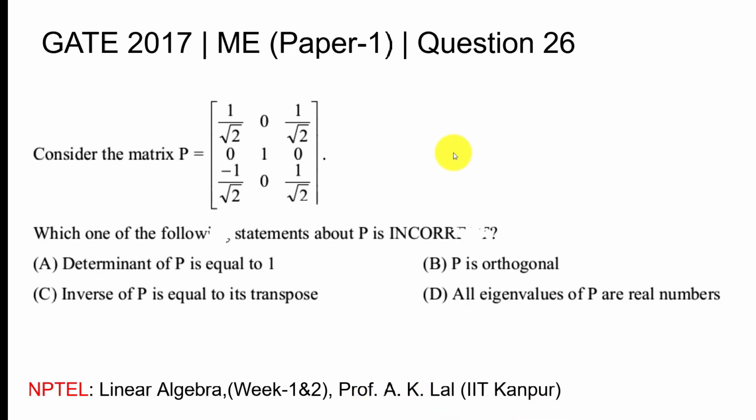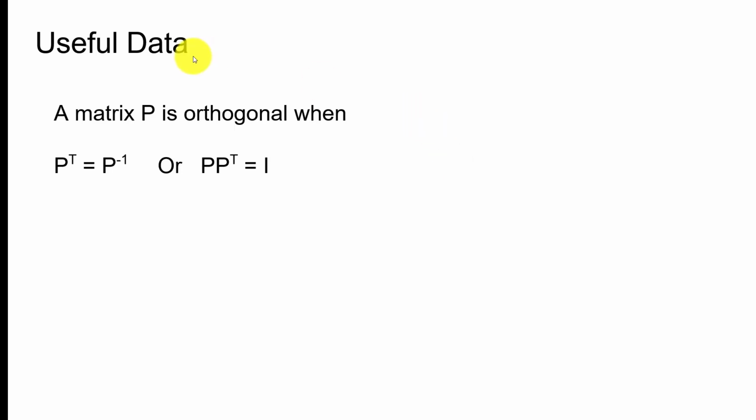So let's go ahead. We should know that a matrix P is orthogonal when P transpose is equal to P inverse, or P into P transpose is equal to I. We'll use this property to prove this.